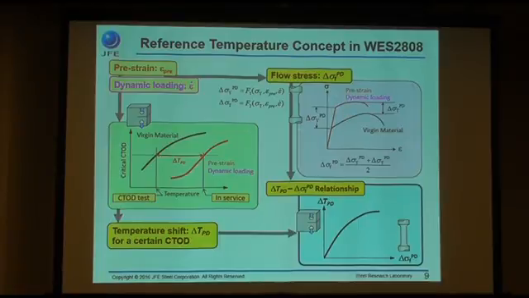So the stress distribution around the crack tip can be related to the flow stress of the material. And it is well known that prestrain and dynamic loading usually induce an enhancement of the yield strength and tensile strength, as Shimada already mentioned using the experimental data.